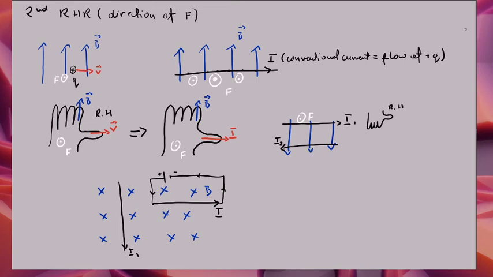On this wire here, I would have to draw the fingers point down. So here the fingers point down in the direction of the magnetic field, and then the current points to the right. So this is the direction of the thumb. Now this is the right hand. So the only way this could work is if I had the force acting on this wire pointing out of the page.